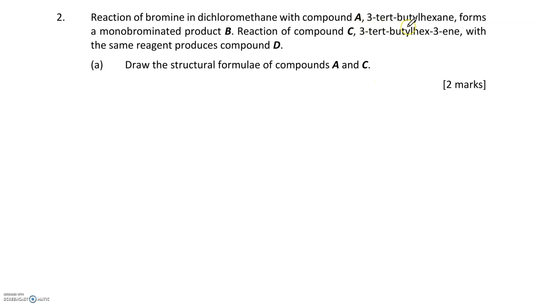So A is 3-tert-butylhexane. We will start with the parent chain of hexane, of 6 carbon atoms, and on carbon number 3 we add a tert-butyl group, which is a substituent of 4 carbon atoms, that is tertiary.